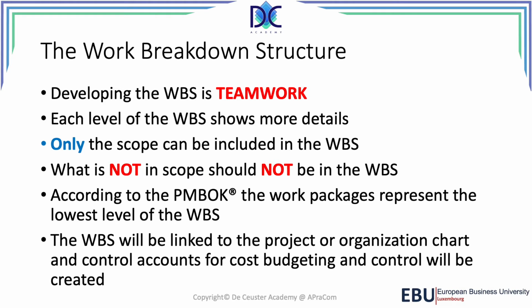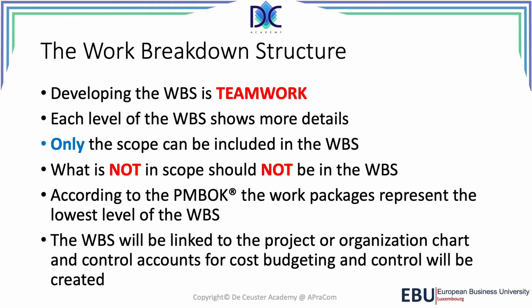Now, when you look at the lowest level of the work breakdown structure, you have the work packages. And we'll talk about the work packages a little bit later. Now, when you link the WBS to the organizational chart of the company or the organization, you will identify control accounts for cost budgeting and control.